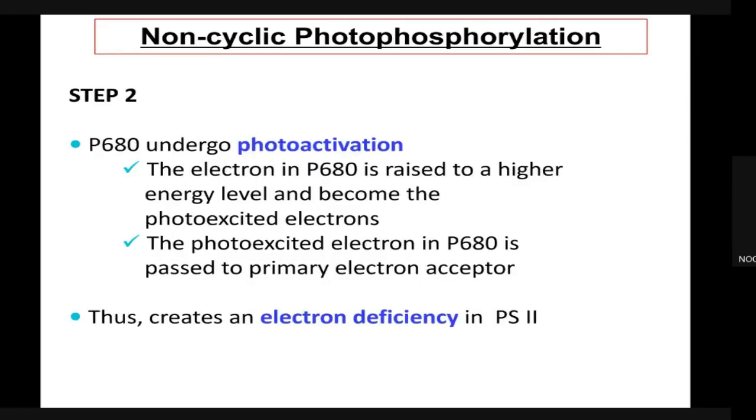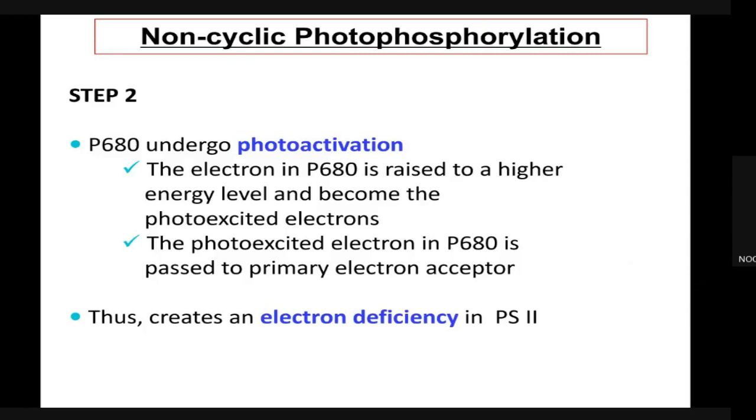When P680, the PS2, undergoes photoactivation, the electron in the P680 will be raised to a higher energy level and become excited. So the electron will be photoexcited and passed to the primary electron acceptor.